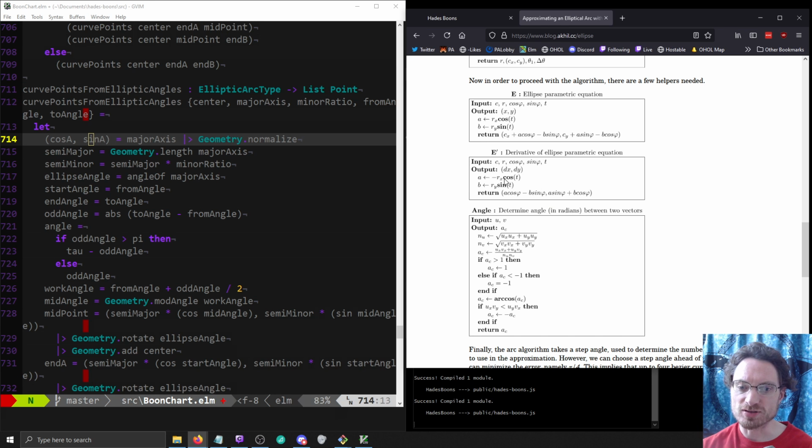Because otherwise, this is actually, that derivative thing is very similar. What would we call, oh, are those flipping? No, Rx cos, Ry sine.